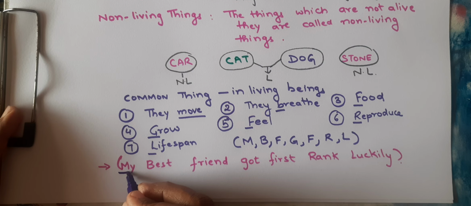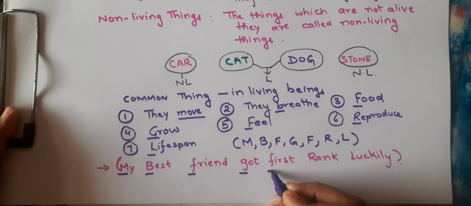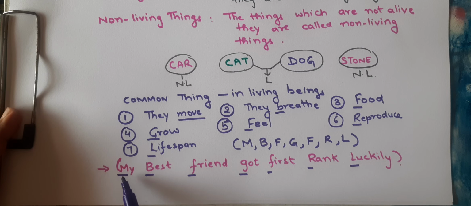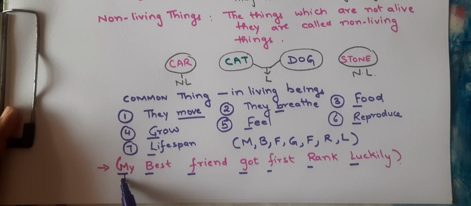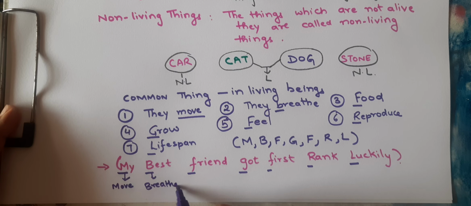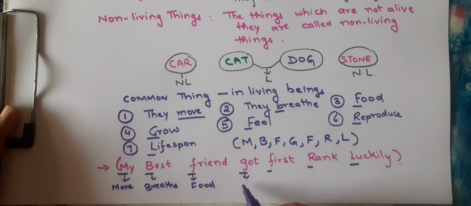Okay, so the first letter of each word will tell you about the living thing. From M you can learn that move. So living things move. B, breathe. F, food. Living things eat food or they require food.